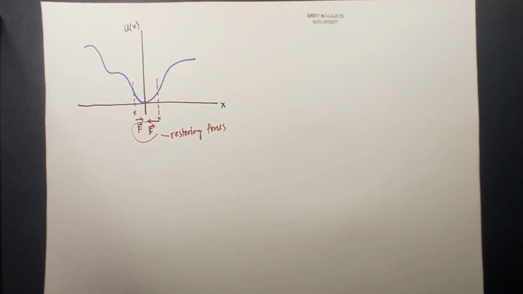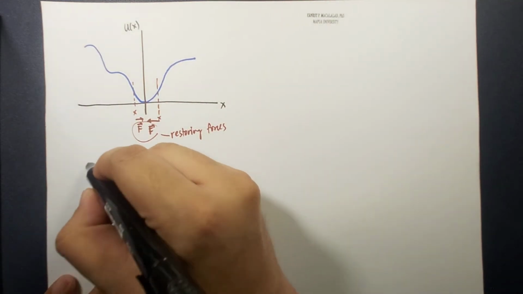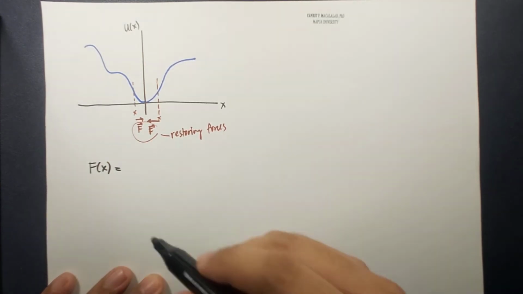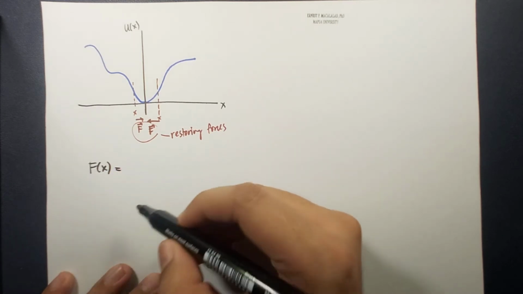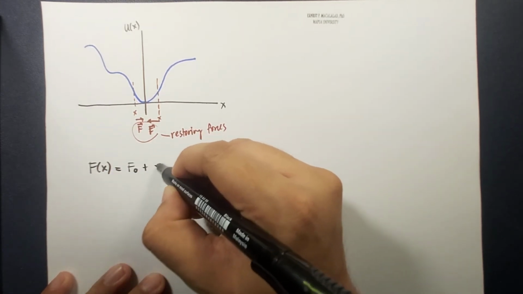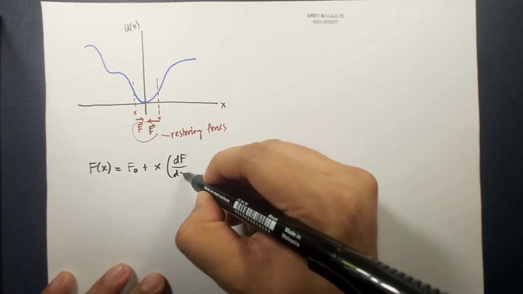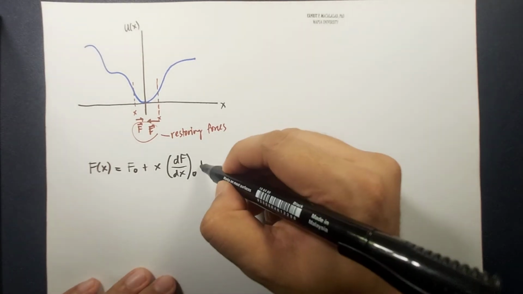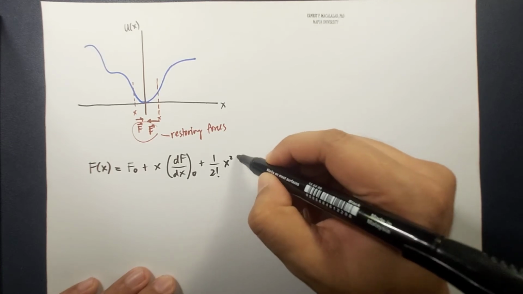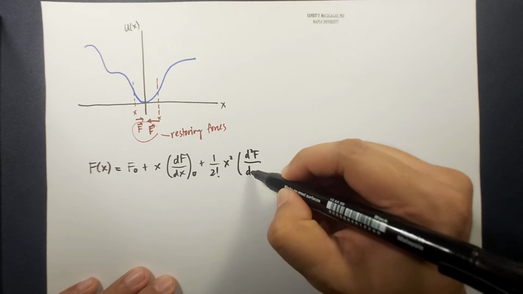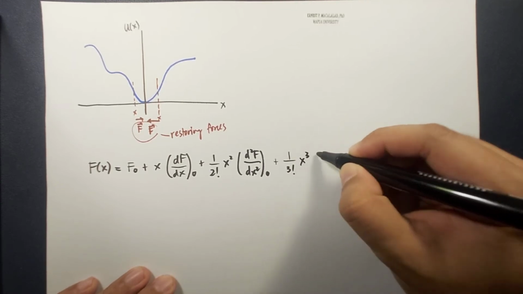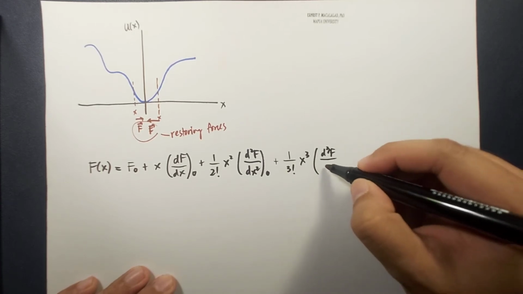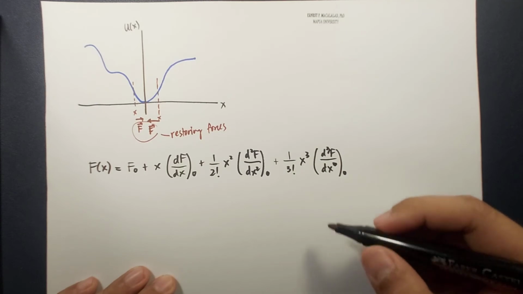Okay, since any force function that has continuous derivatives of all orders can be expressed as a Taylor series expansion as such, the first four terms of the Taylor series expansion of this force are F naught, plus x times the derivative of F with respect to x evaluated at the origin, plus 1 over 2 factorial times x squared times the second derivative of the force function with respect to x evaluated at the origin, plus 1 over 3 factorial x cubed times the third derivative of F with respect to x, again evaluated at the origin.